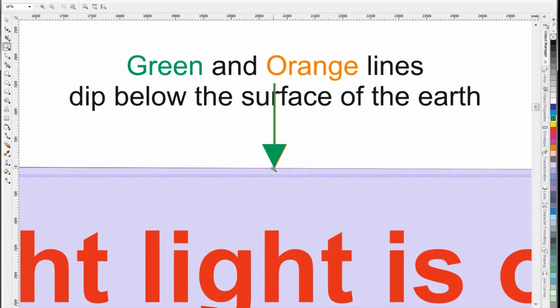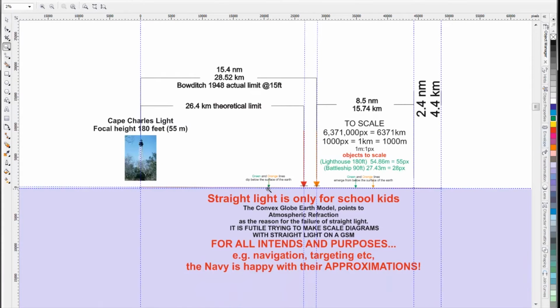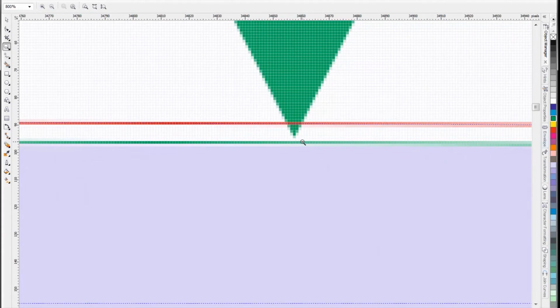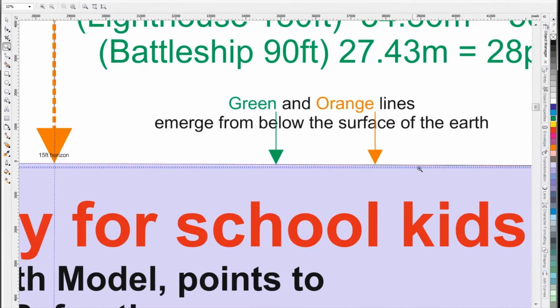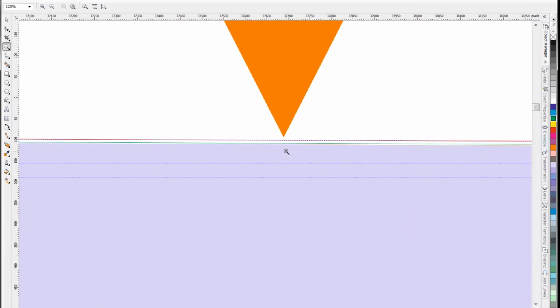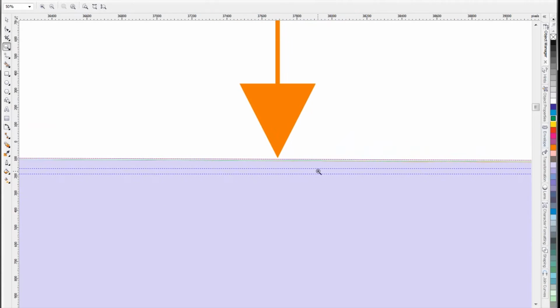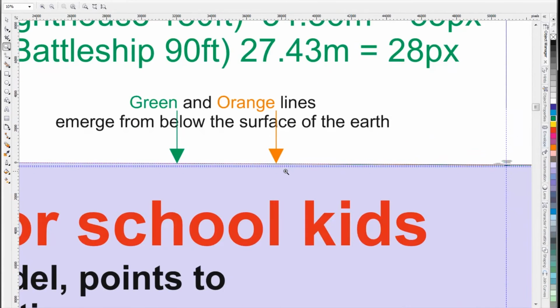It will actually impact the surface of the Earth and not reach the ships. And we see these two straight lines come behind the horizon and re-emerge here. The green re-emerges here and the orange re-emerges here, which is impossible.